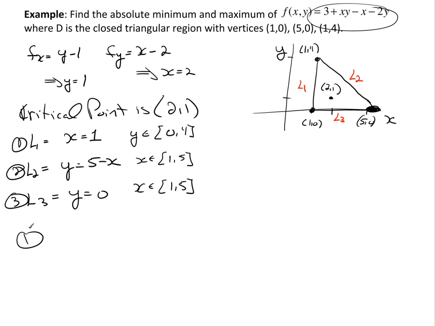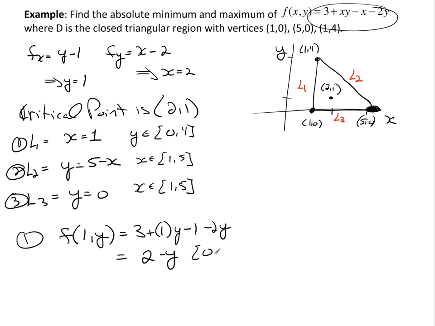So working with number 1, if x equals 1, then what I'm dealing with is f(1,y), which is going to be 3 plus 1 times y minus 1 minus 2y, which is 2 minus y, specifically on [0,4].